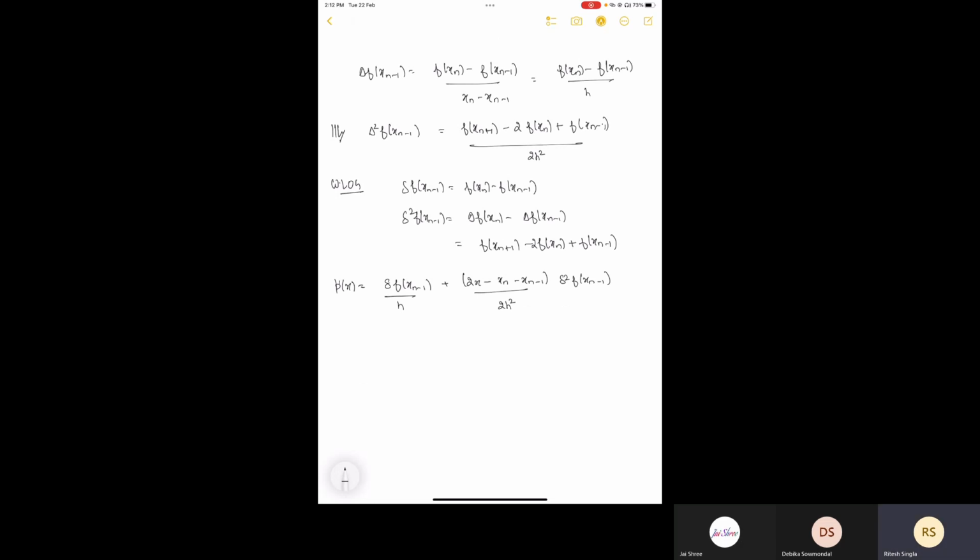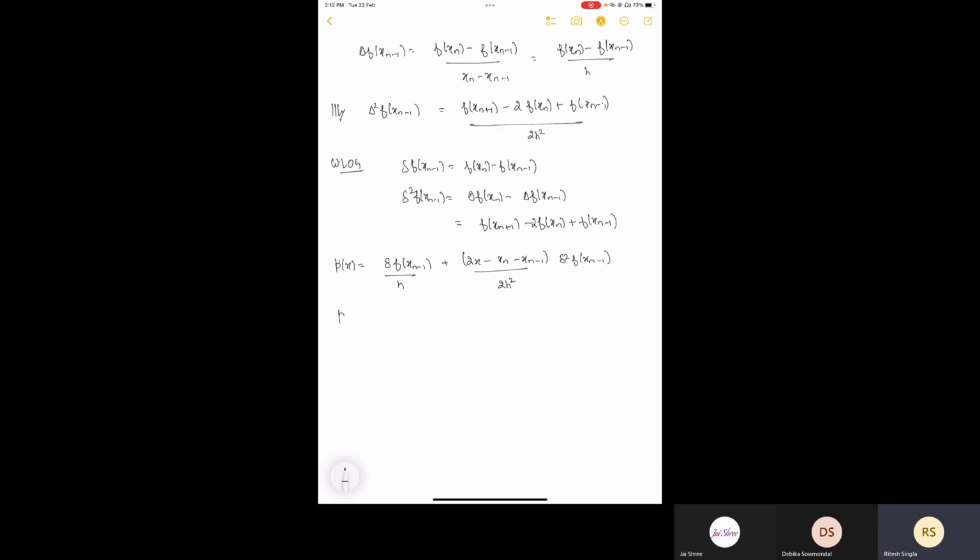Does this work fine? So basically, if I substitute p prime x to be 0, I will get my x to be xn plus x of n minus 1 upon 2 minus h times Delta square f of x of n minus 1 upon Delta f of x of n minus 1.